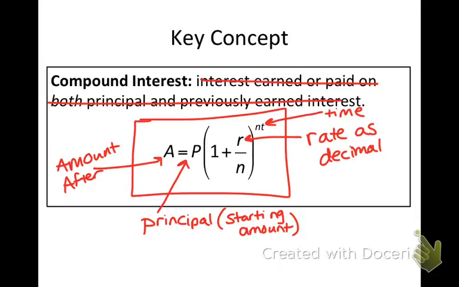I was talking about compounding your interest, and some options were yearly compounding, quarterly compounding, monthly compounding. So the N represents your number of compounds.